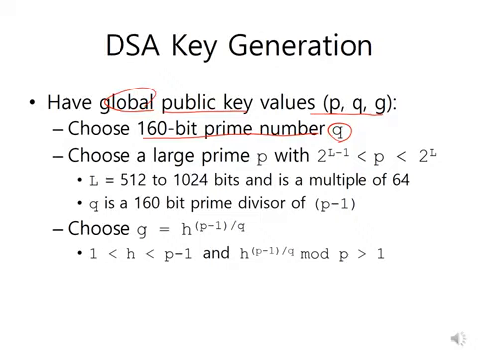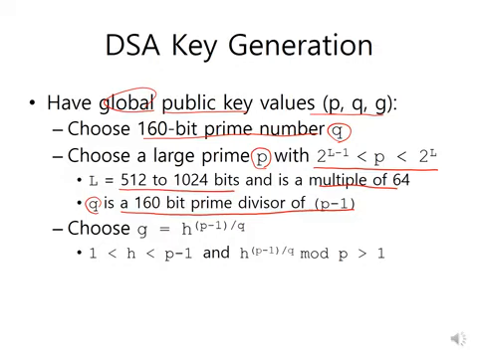So prime number Q is selected, and then we choose a large prime P between 2 to the L minus 1 and 2 to the L, where L is 512 to 1024 bits and a multiple of 64. And then Q is the 160-bit prime divisor of P minus 1. So Q should be a prime divisor of P minus 1.